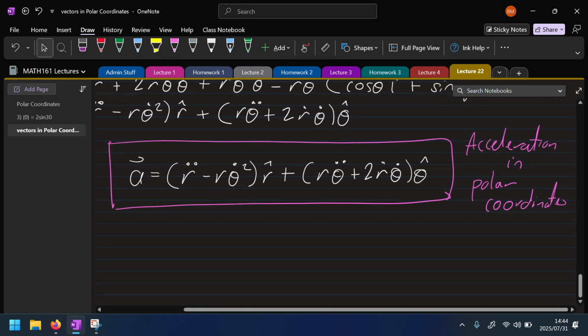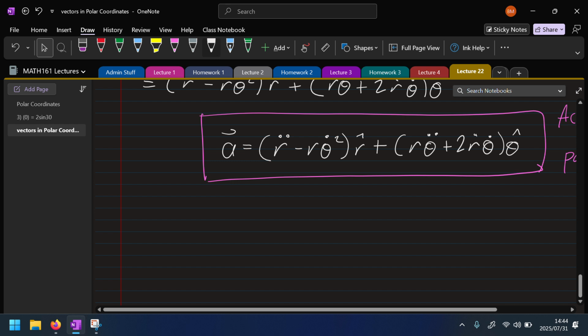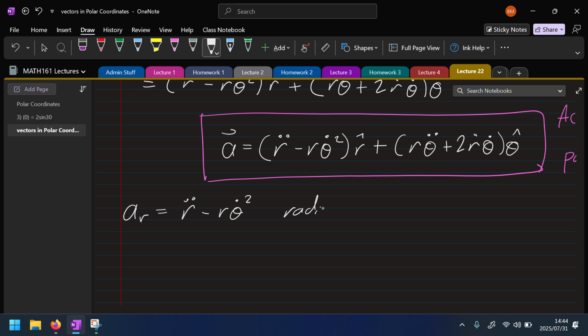And like we said with the velocity vector, there's going to be two parts. So the radial part, we call the radial acceleration, a sub r. And then the one with the theta hat, that is the angular acceleration.